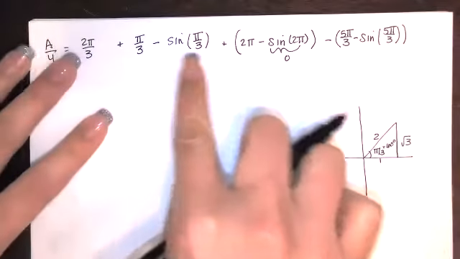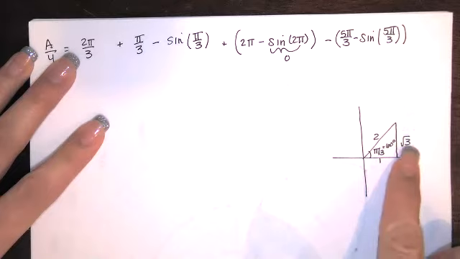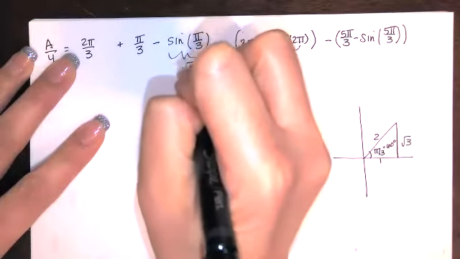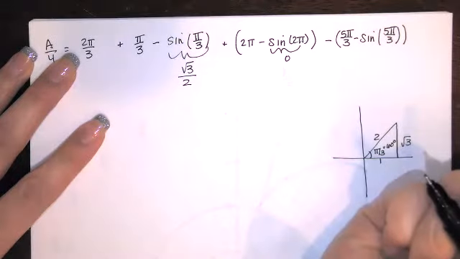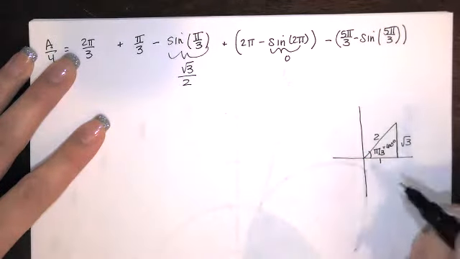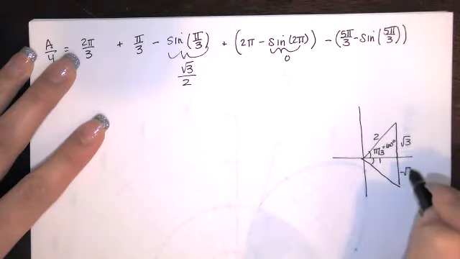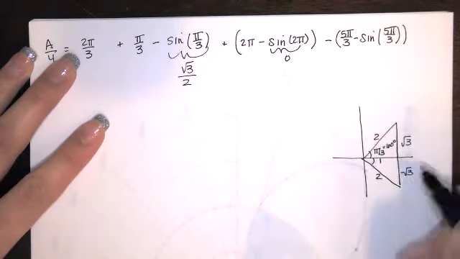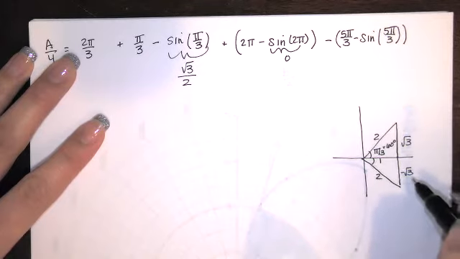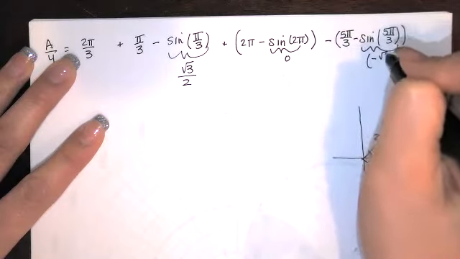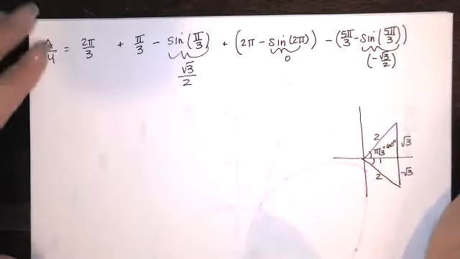So this sine of pi over 3 is opposite over hypotenuse, square root of 3 over 2. Okay, and sine of 5 pi over 3, that's the same reference angle. The only difference is we're in quadrant 4, so sine is negative. So this is negative square root of 3 over 2.